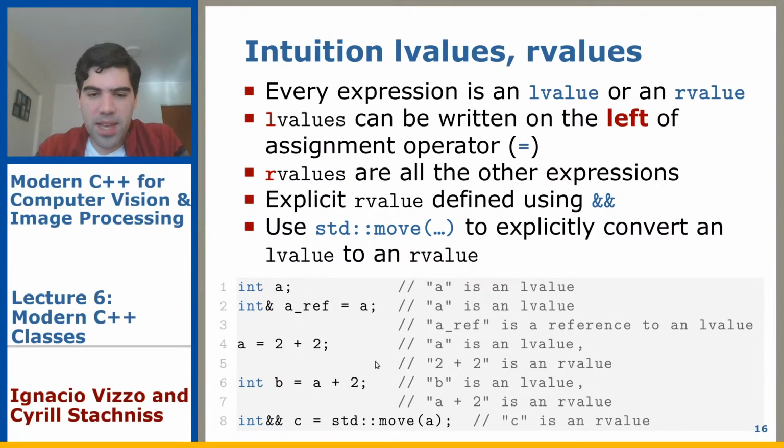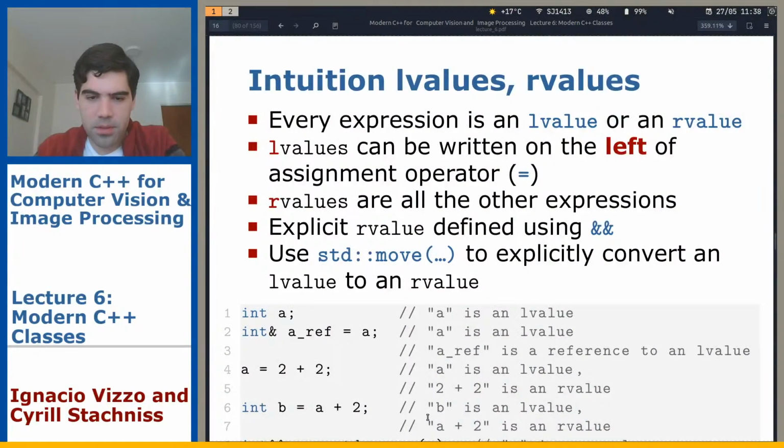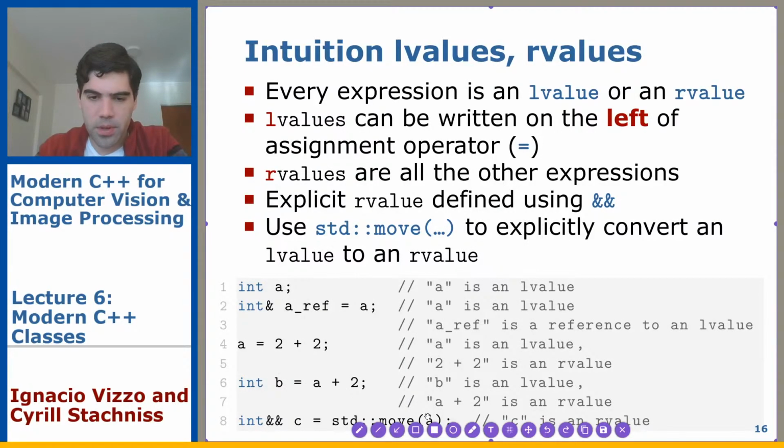For example, in this case, this A here is a left value, but for some reason we want to convert it to an R value. Then we will use this utility, call this function over A, and we will get an R value.